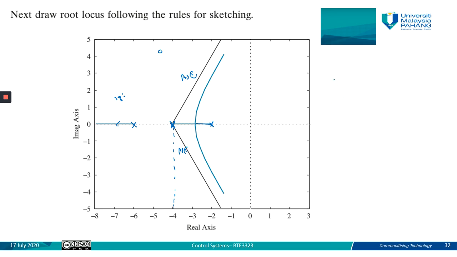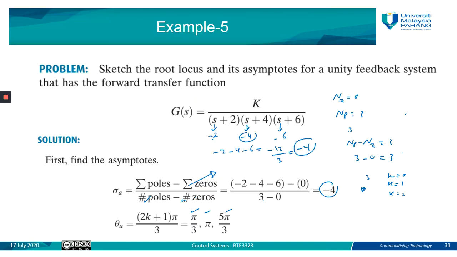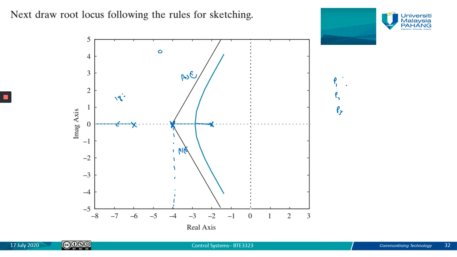So if we have P1, P2, P3, P1 is negative 2, negative 4, negative 6. The first one will start at negative 2, this one starts at negative 4, that one starts at negative 6.